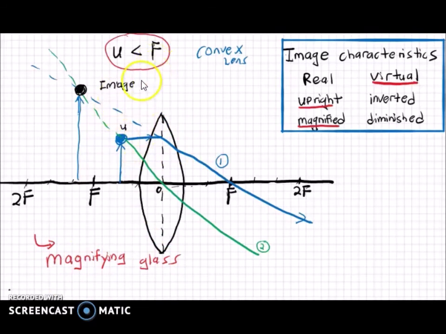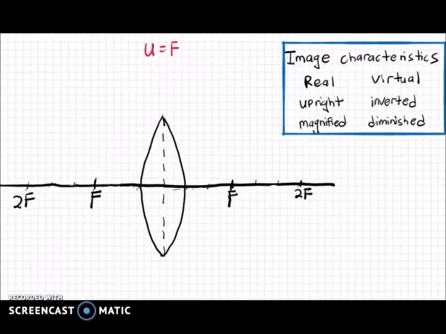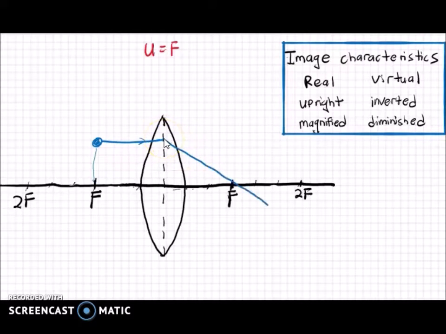Now you are going to the second position of the object. The object will be exactly at F. I'm going to draw the first line, which is straight and hitting the F here. There will be a second ray which will be going through this center.